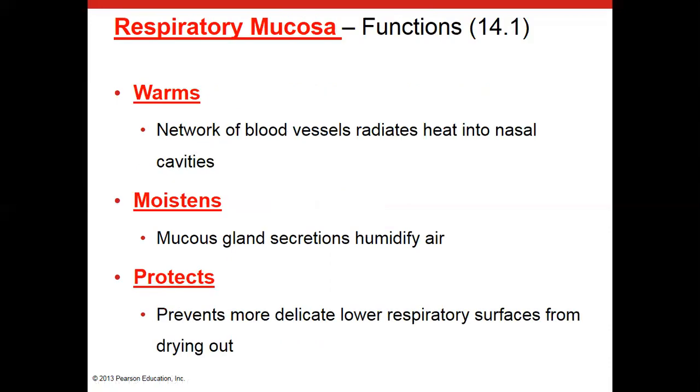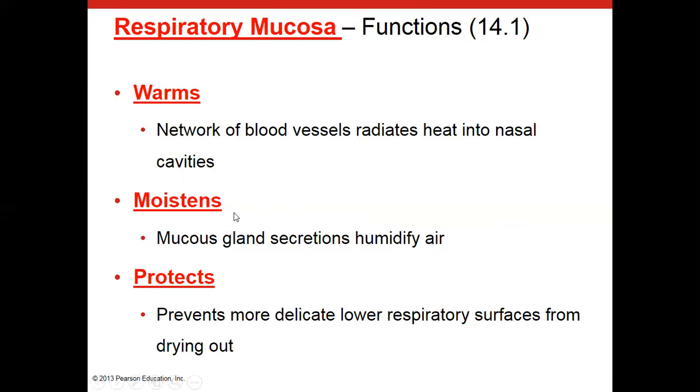The respiratory mucosa is a layer of epithelial tissue with some connective tissue below it, deep to it. And that mucosa that lines the nasal cavity and the pharynx and the larynx and the trachea helps warm air as it makes its way into the lower respiratory tract, because there's a network of blood vessels that radiate heat into the nasal cavity.